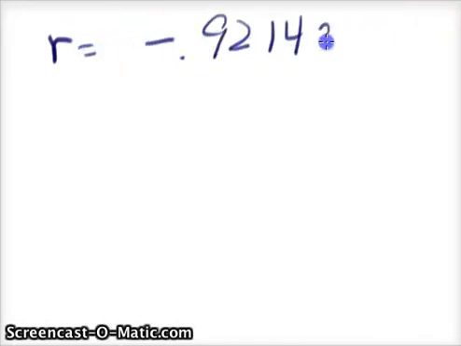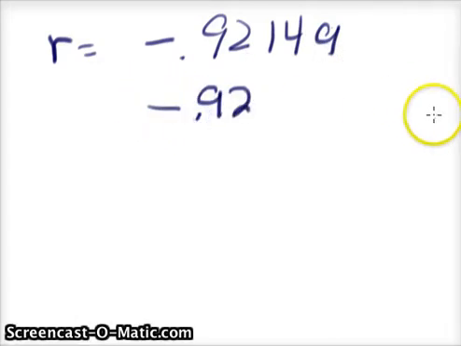Okay, so now let's take a look. I think I have a pen right here. Okay, we're going to take a look at the R value. So here we had R is equal to negative 0.92149. Let's just round that to two places. Negative 0.92. What does this tell us?